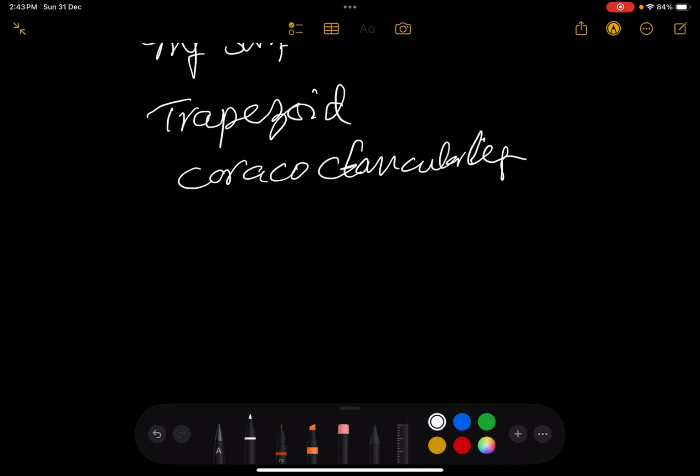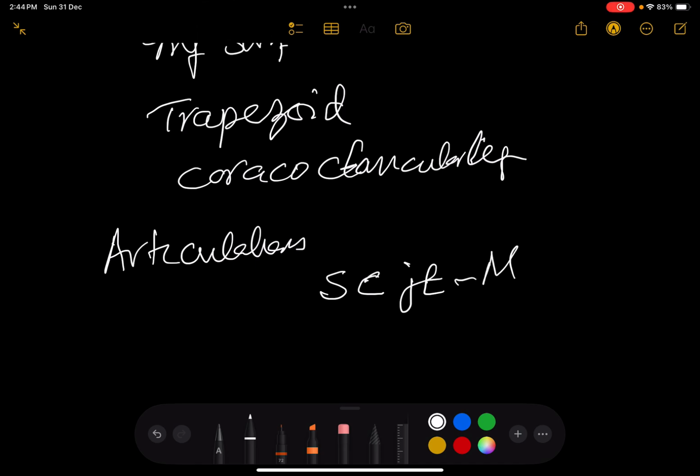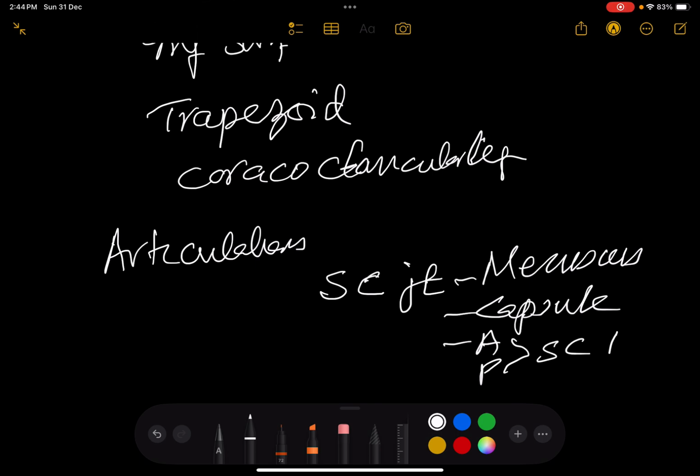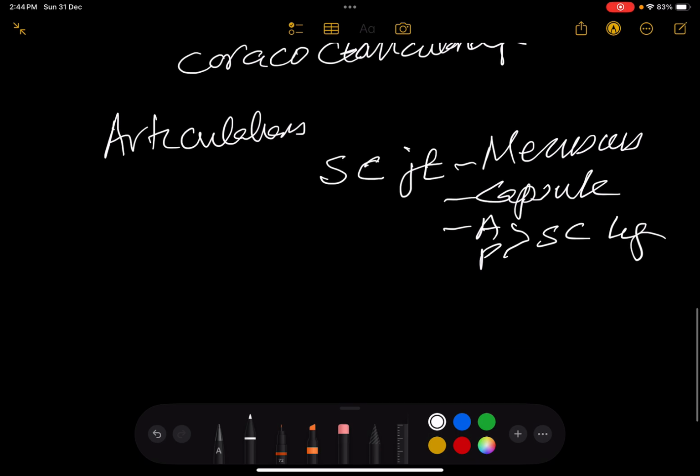Then, if we talk of the articulations, medially the clavicle articulates with the sternum, forming the sternoclavicular joint, where you have to remember the meniscus, the capsule, the anterior and posterior sternoclavicular ligaments, and the costoclavicular and interclavicular ligaments.